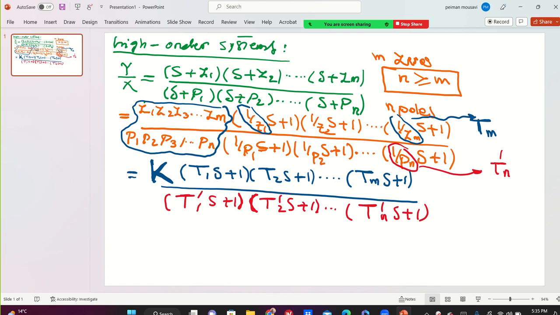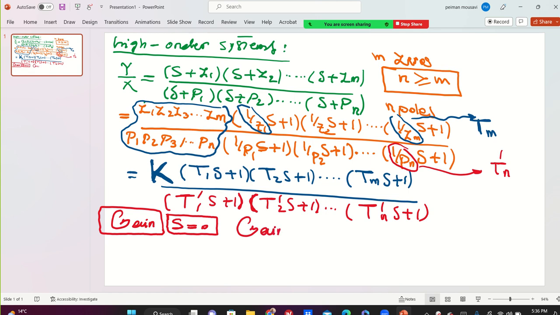Okay guys, we have a technical name for this, and we name it the gain of the transfer function. This is the technical name, DC gain of the transfer function. This is what happens when you put s equal to 0. So if you now put s equal 0 here, what's the gain of this system?